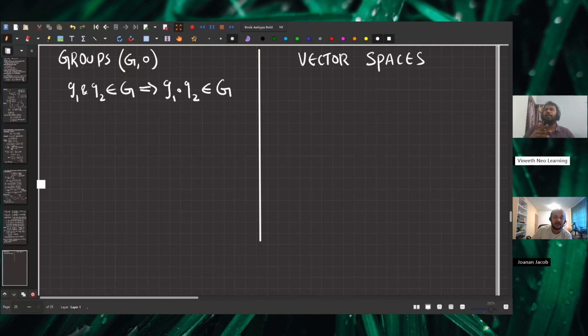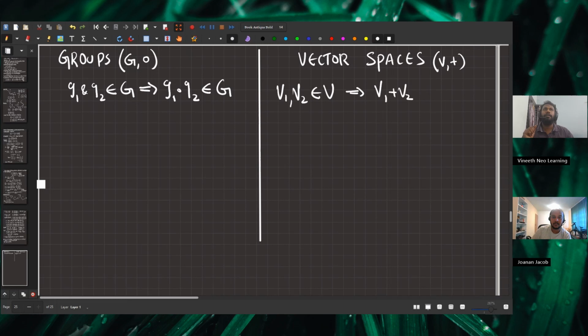This is true for vector spaces also. Let's assume a vector space V with vector addition plus. If V1 and V2 are elements of that vector space, then the sum of V1 and V2 will also be in that vector space. So the first property is common to both. What is the next property?